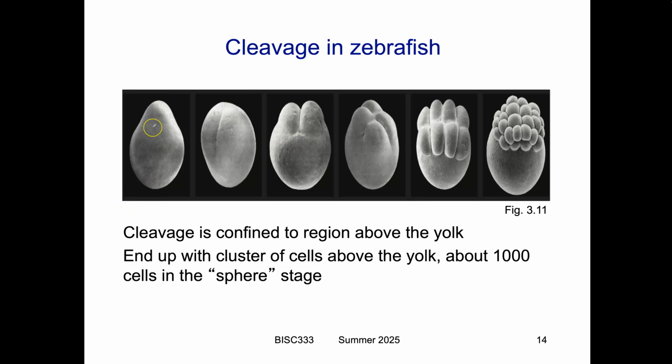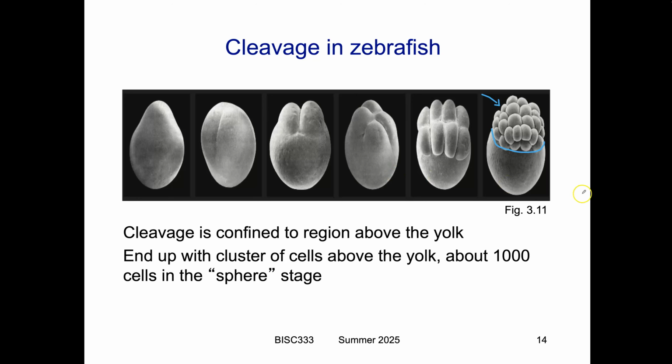So cleavage is confined in the zebrafish to the region above the yolk, and so you end up with these clusters of cells right on the top surface. This isn't really the sphere stage, but if you make this more cells, thousands of cells that are smaller, notice how you have one cell and then two cells and the cells get smaller.